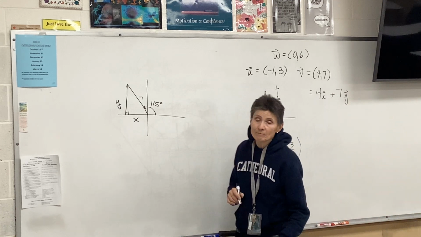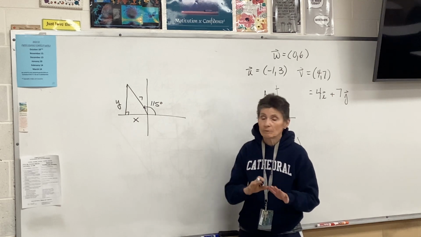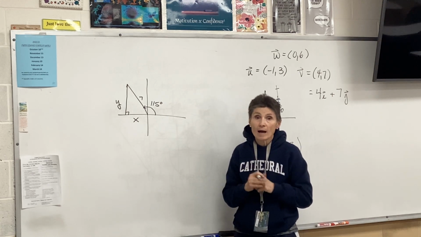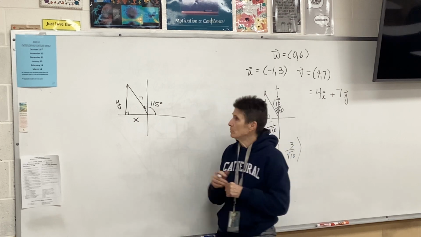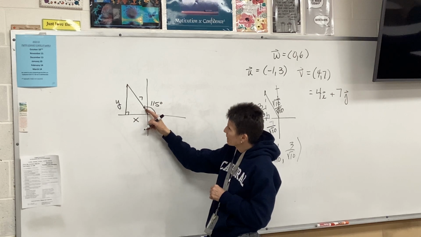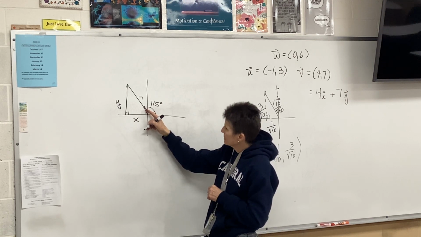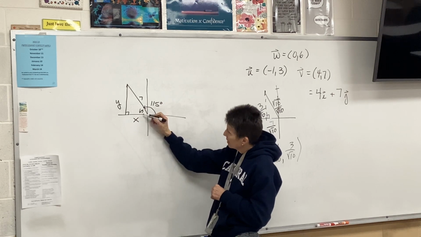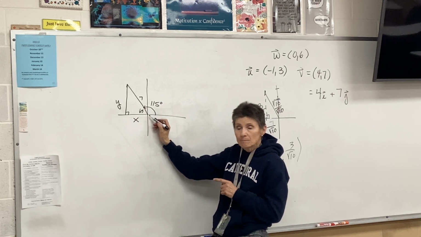Before we had any conversation at all, before we started this video, you could do that problem, I hope. What you would do is say, well, if that's 115, then this has got to be 65, because that's 180 altogether.